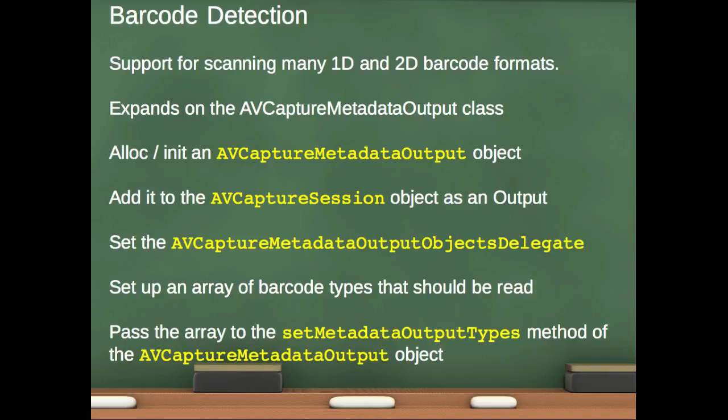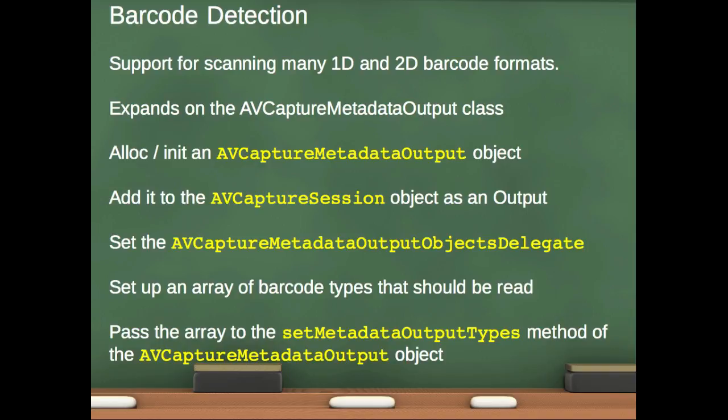Previously, AV Capture metadata output only captured one type of metadata, so it was not required to set up an array of types because there was only the face recognition type. Now, of course, we have several different barcode types added to that. So we don't want to get them all because that would add CPU cycles.